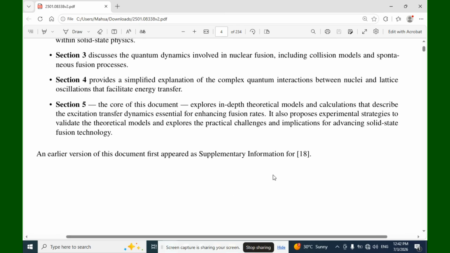Section 5 describes the core of this document, exploring in depth theoretical models and calculations that describe excitation transfer dynamics essential for enhancing fusion rates. It also proposes experimental strategies to validate the theoretical models and explores the practical challenges and implications for advancing solid-state fusion technology.